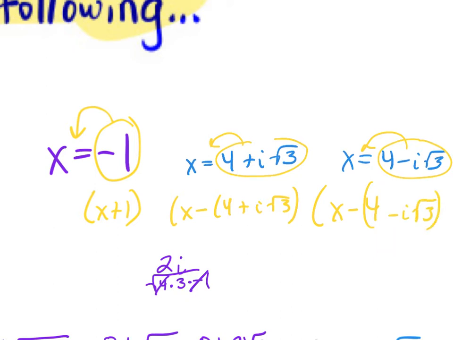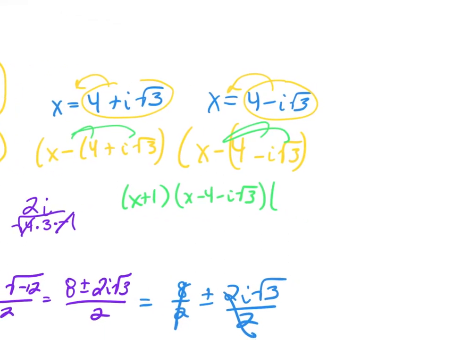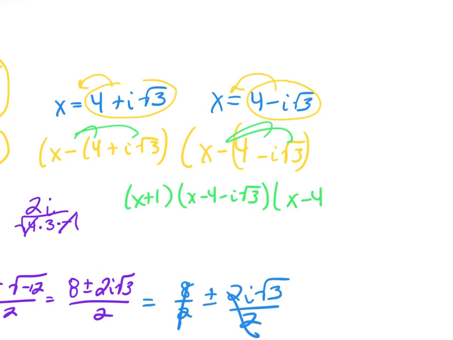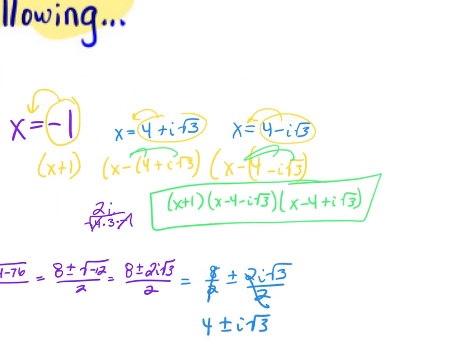And then our last step is just distributing that negative sign. So I have x plus 1. When I distribute this negative, it becomes x minus 4 minus i root 3. And when I distribute this negative, it becomes x minus 4 plus i root 3. And there is your product of linear factors.